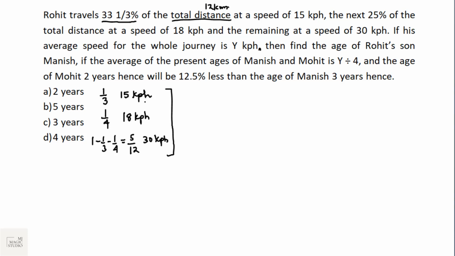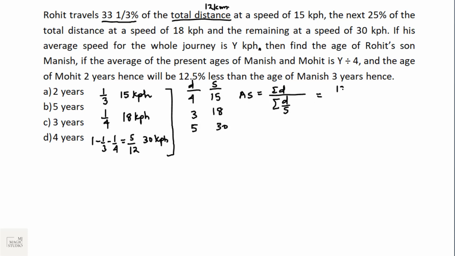So 1/3 of 12 is 4. So first 4 kilometers is traveled with the speed of 15 kph. 1/4 of 12 is 3. Next 3 kilometers with 18 kph, and the remaining 5 kilometers with 30 kph. Then average speed is given by summation of d, that is 12, divided by summation of d by s, that is time.